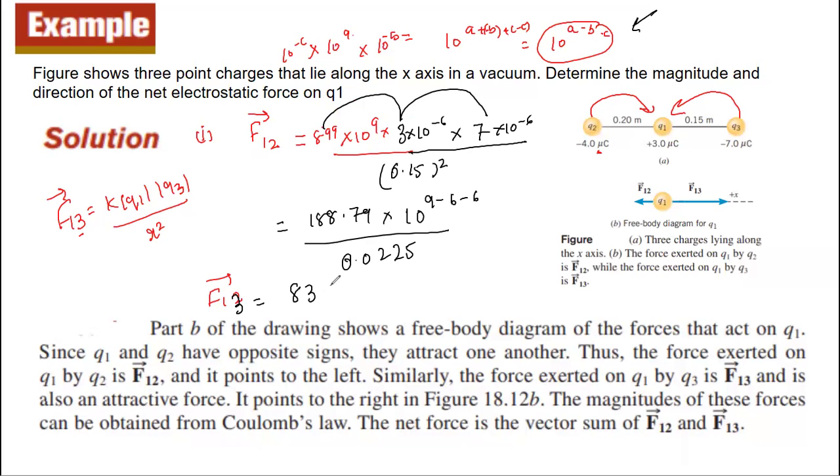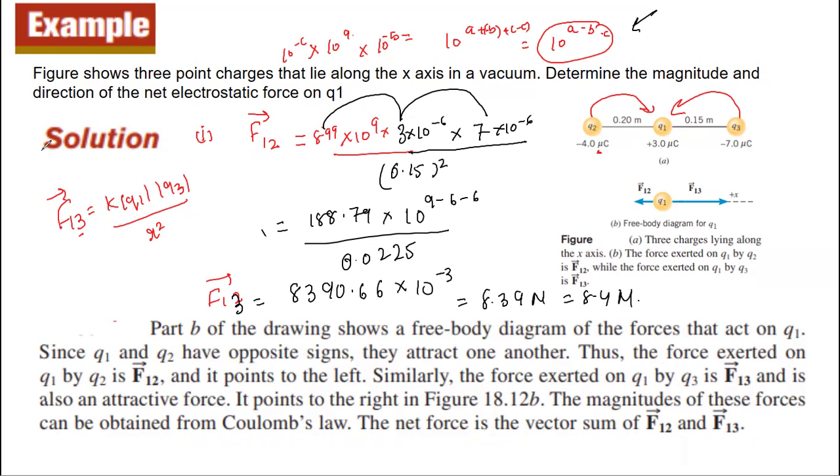Let me write this number, 8390.66, and it continues. And then in the 10 to the power, I got this. So that means I'll move my decimal 3 places towards the left side. So I've got 8.39 newtons, or roughly 8.4 newtons, right? So this is what I have.